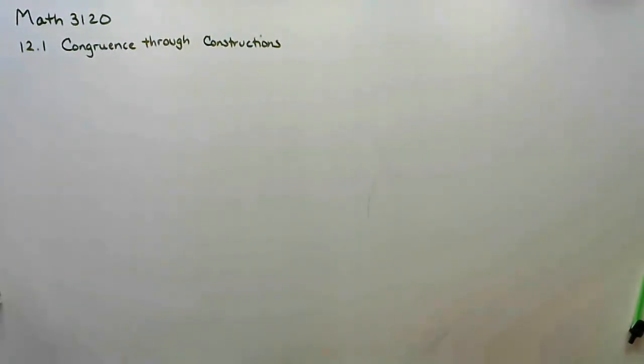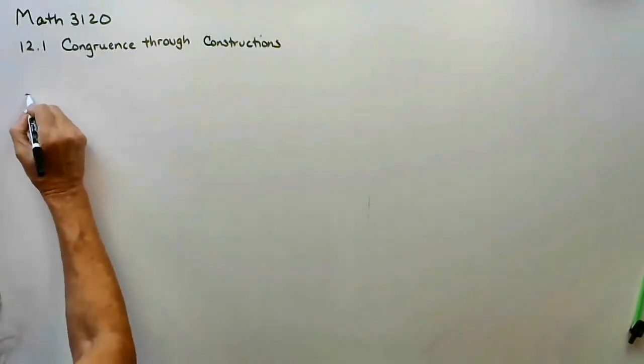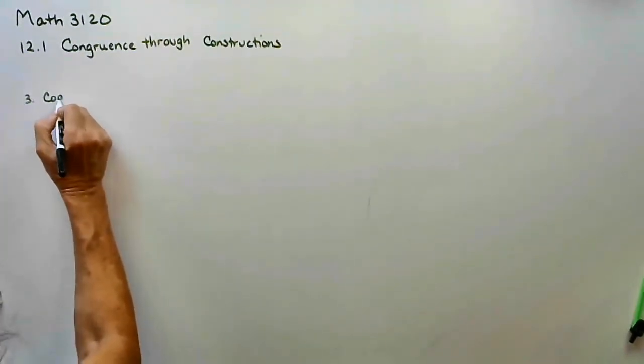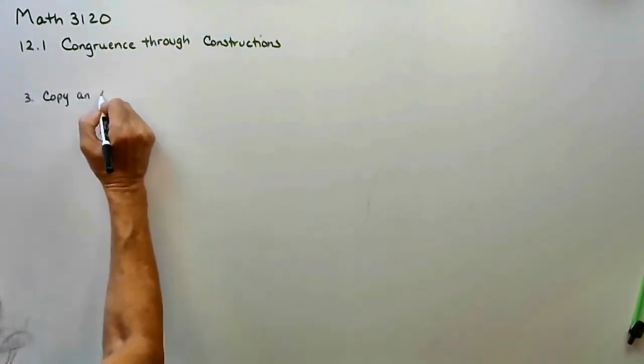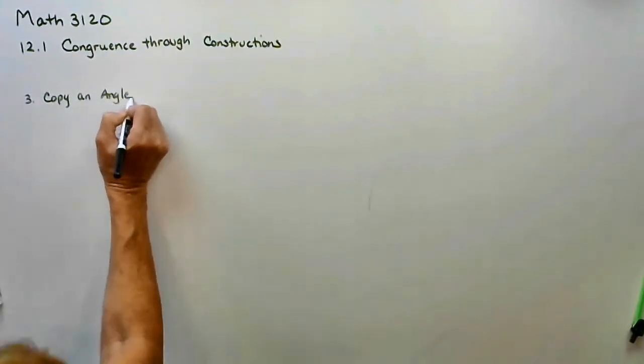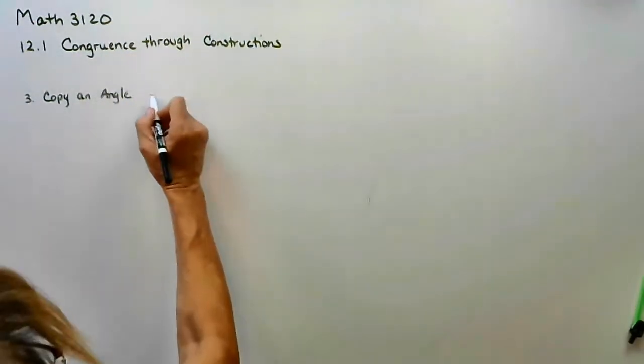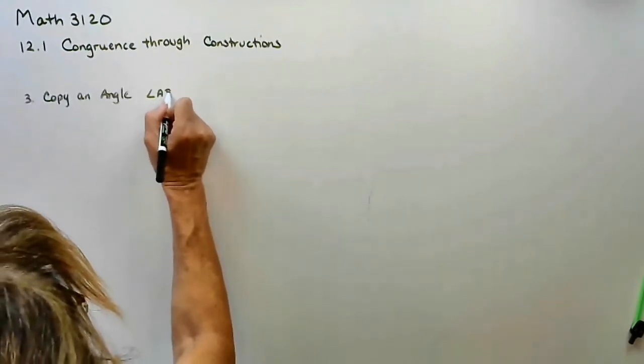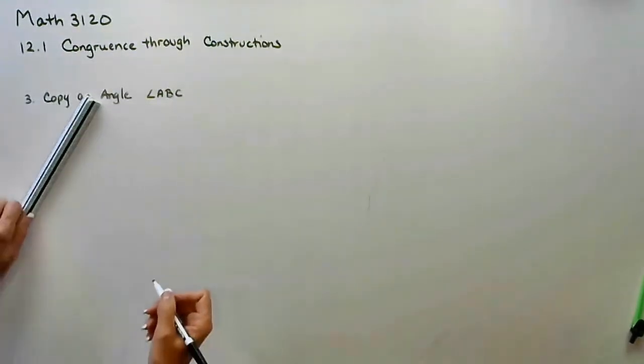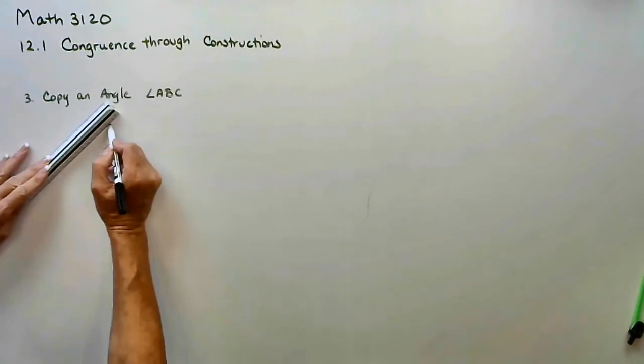So let's first start with an angle. Copy an angle. So maybe I'll start with angle ABC. I'm just going to create an angle here.